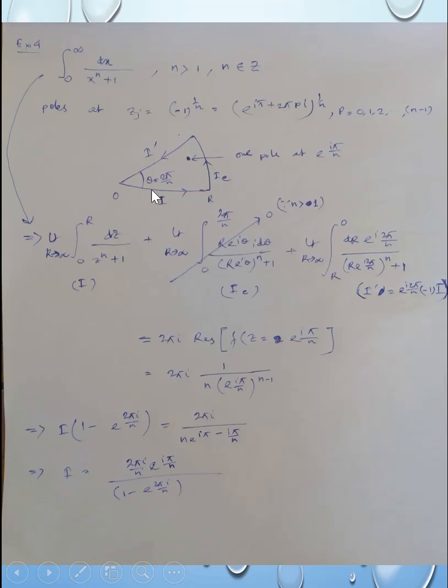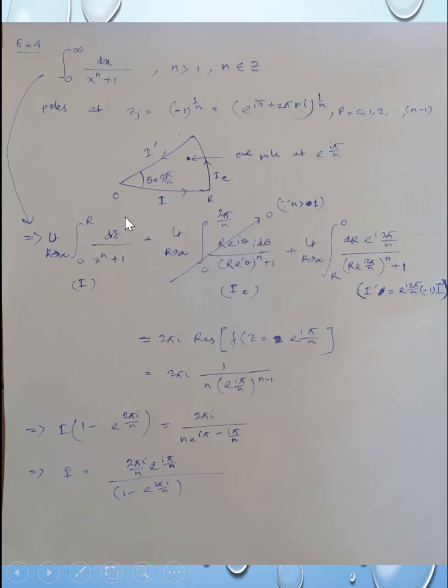For this type of contour, you have three integrals, right? The first one is along r, the second one is along the arc C, and the third one is along the return line.